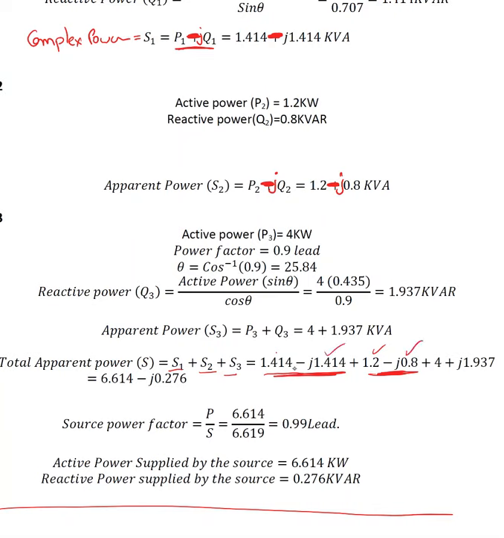Basically these two are supplying. Load 3 is consuming 4 kilowatts of active power and also 1.937 kVAR of reactive power. So the total is P equals 6.614, and Q is only 0.23 minus j0.276 kVAR. So still the loads are supplying back some energy.